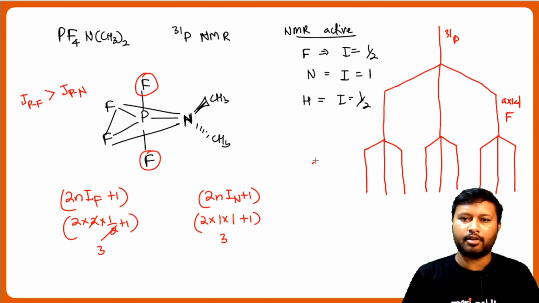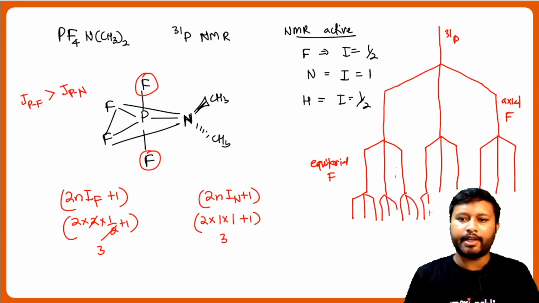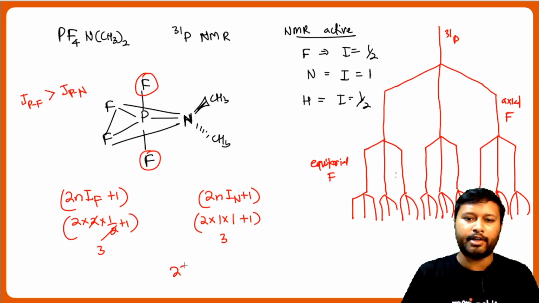This splitting is because of equatorial fluorine, and at the end the nitrogen is going to split again into 3 lines, and that's what you are going to see. Now don't look at the intensity of the peak, because that thing I will discuss in the next video. So that's the concept for the next video. So total number of lines which you are going to see is 3, 9 and 3 sets of 9. So you will get a total of 27 lines in the spectrum of this.